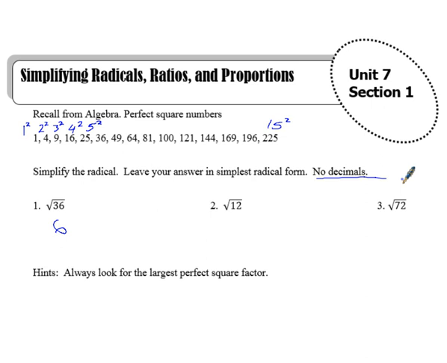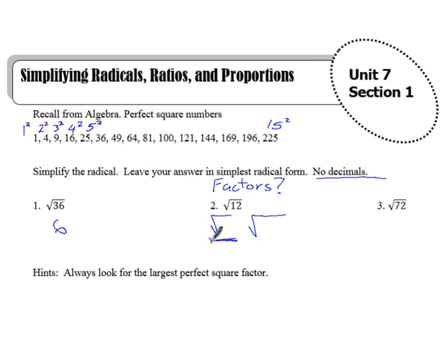So we leave it in simplest radical form, meaning that we're going to break it apart into pieces. When we break it apart into pieces, there are different strategies to go about doing this. The strategy that I like the best is by breaking it up into a perfect square number and a non-perfect square number. So you think about what are the factors of 12, meaning what numbers multiply to 12 where one of those numbers is a perfect square number.